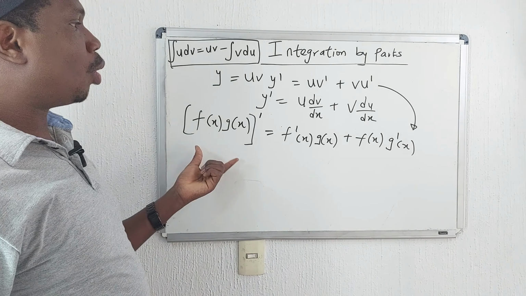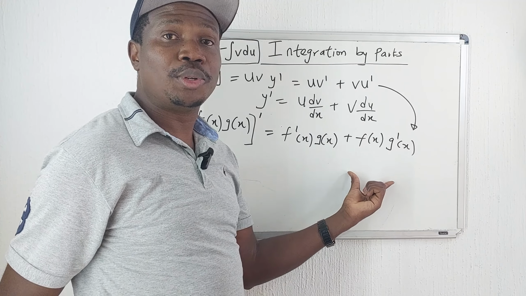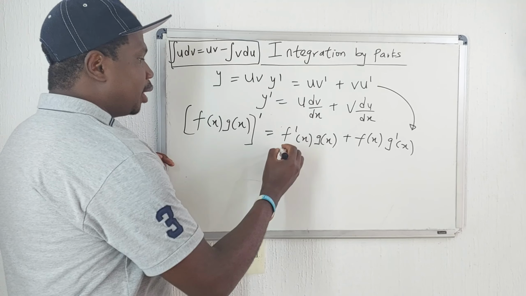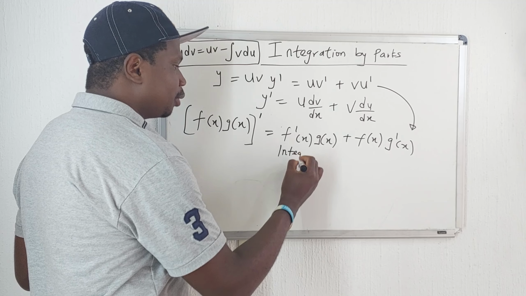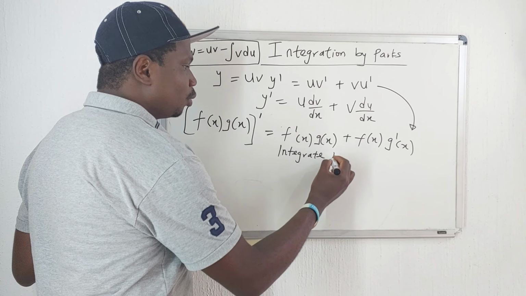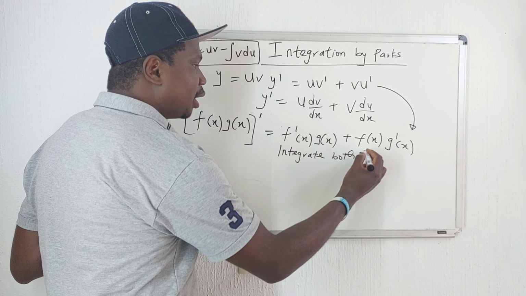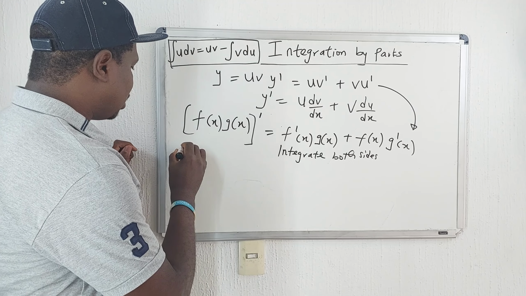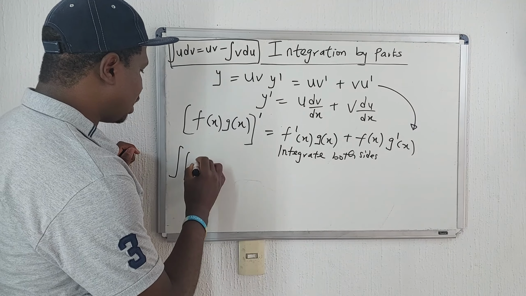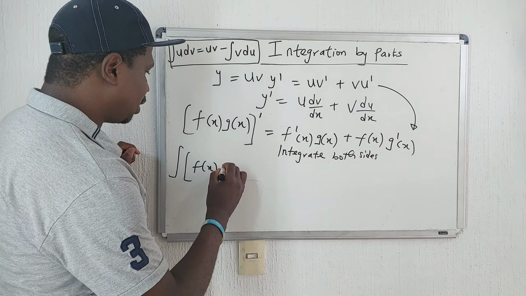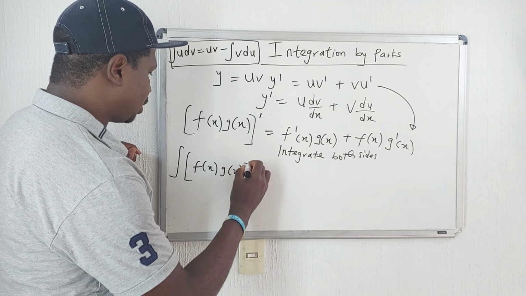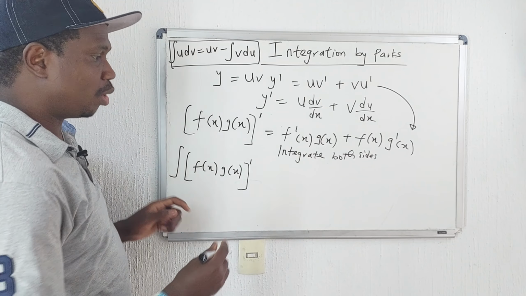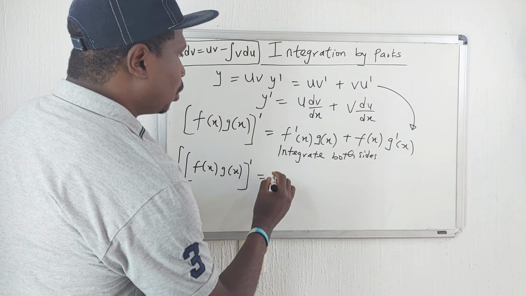Remember. So what we do now, we say integrate both sides. How do we then integrate both sides of the equation? Integrate both sides. So we have the integral of f of x, g of x prime, I've integrated this side, equal to what?